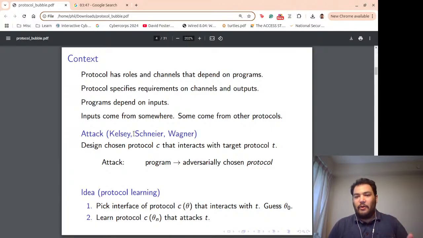So if in the target protocol he is encrypting messages with some key, then you want to induce them into using the same key signing mechanism in this other protocol. That's the way that they're interacting, that the victim is sharing this program in the two protocols.